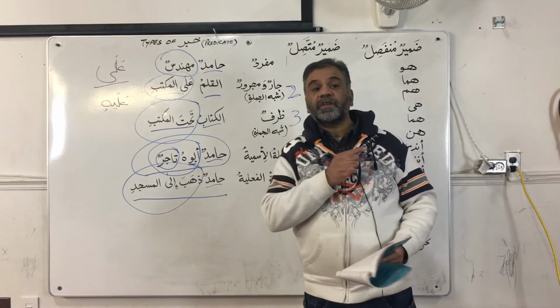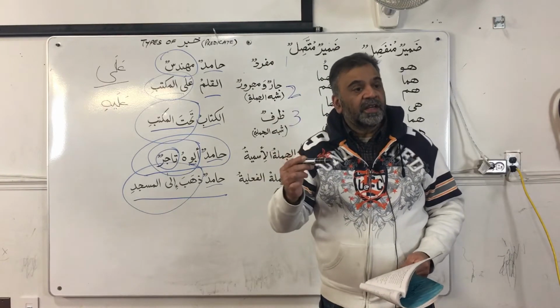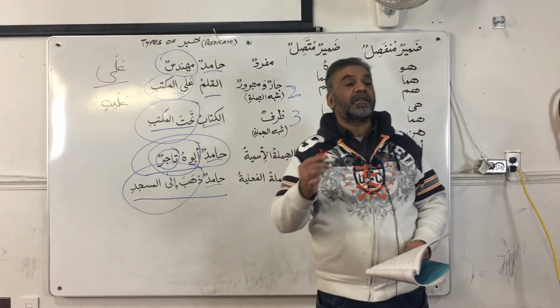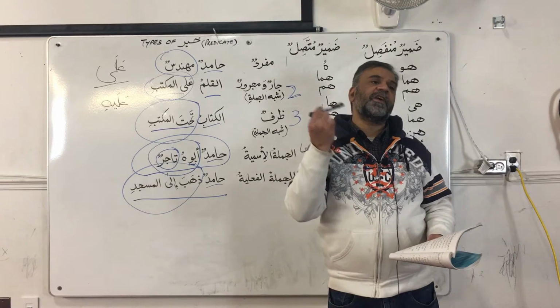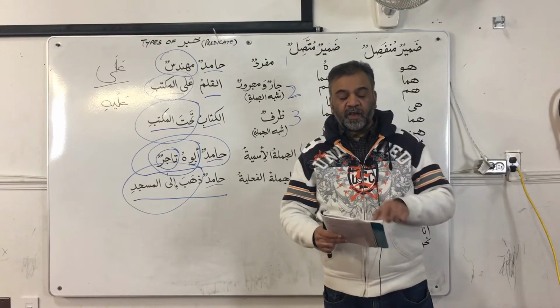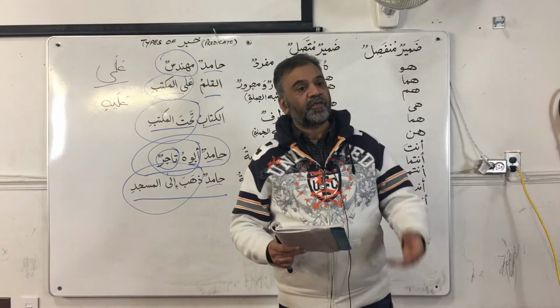So, we will go through the sentence and then using our judgment we would identify whether the damir muttasil used would be hu or ha. Very easy. First one is about Zainab.